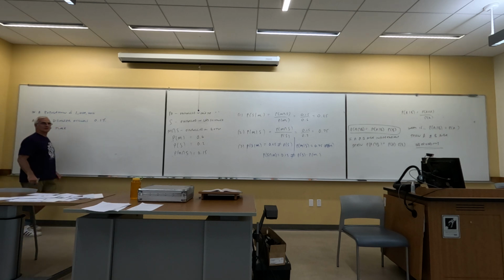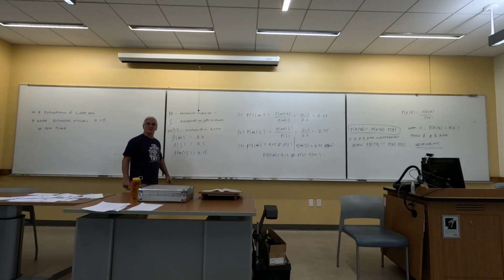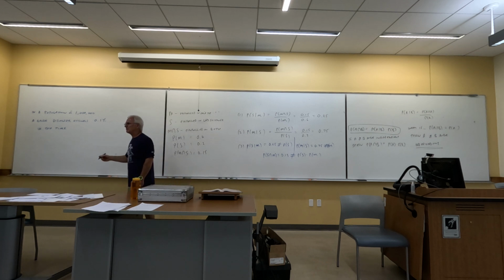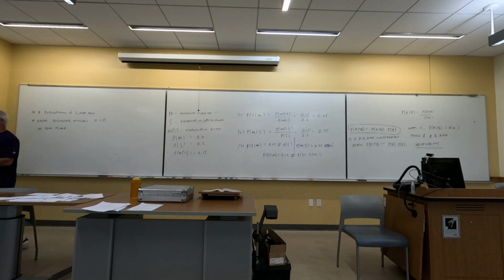We always start with rare disorders. Something that's a common disorder is hardly even a disorder if everybody has it. So we have some rare blood disease, and let's say it occurs in 0.1%. That's 1 out of 1,000 people. Okay, this is a reasonable thing.